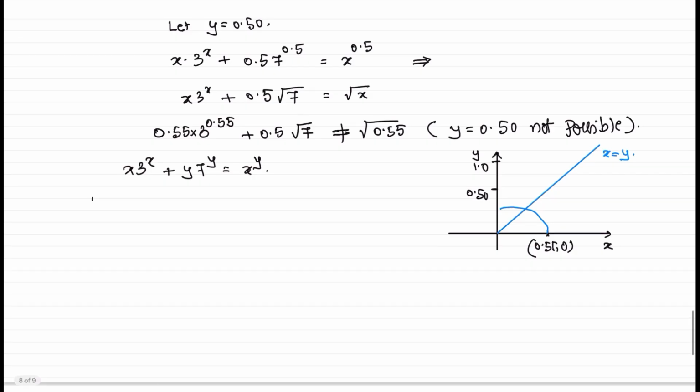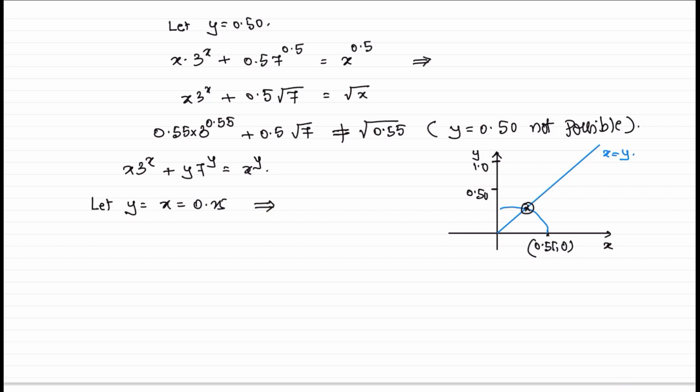In this, let y is equal to x is equal to 0.25. Let us put this. Let us say it is touching at 0.25. Let me assume x is equal to y is equal to 0.25.